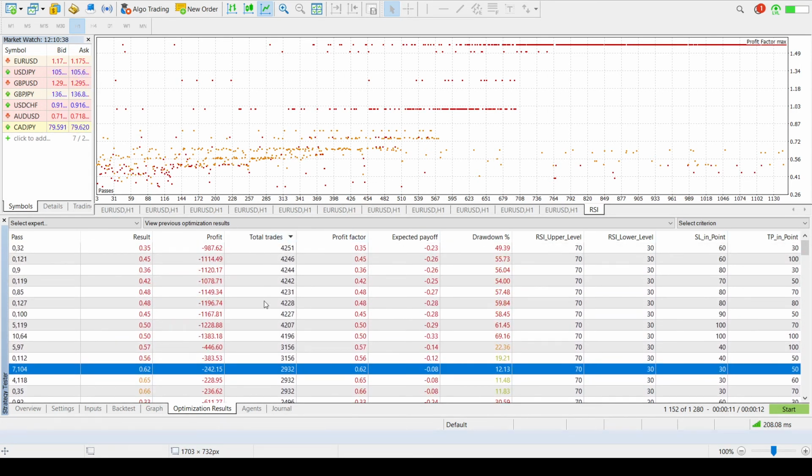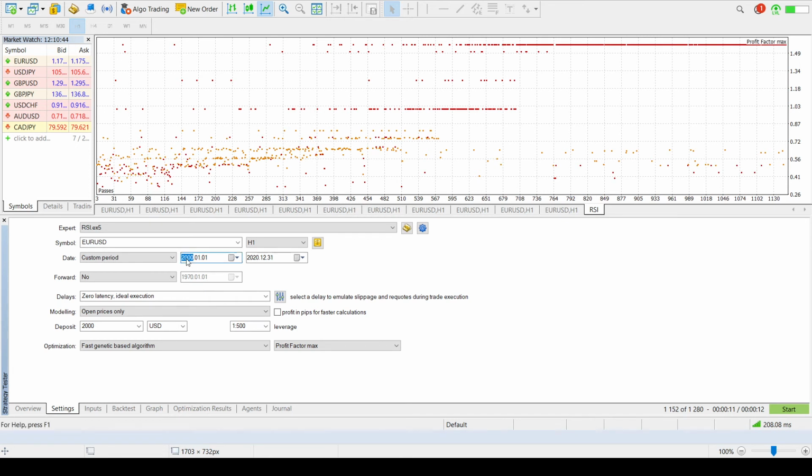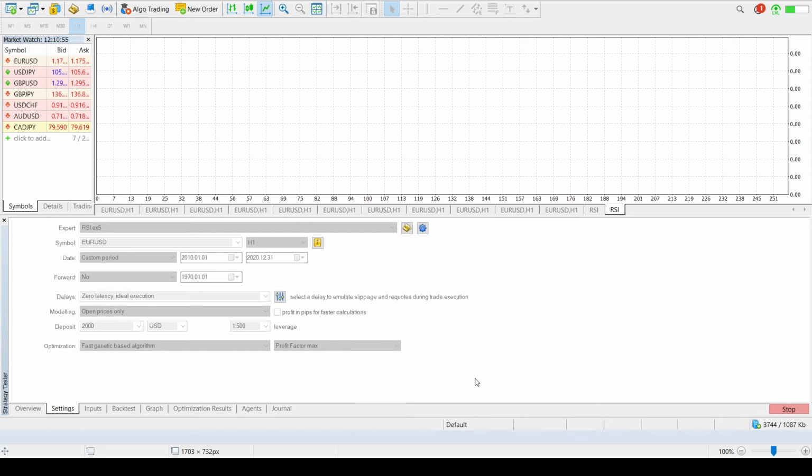Okay, so this is the situation. Of course this is 4,000 trades. What if we do roughly 10 years testing, which is from 2010, and see what could be the possible result.